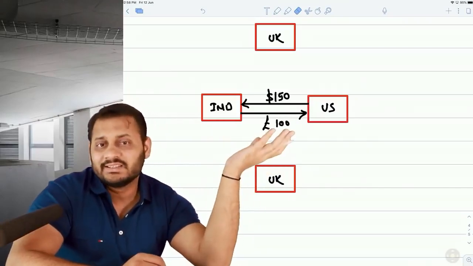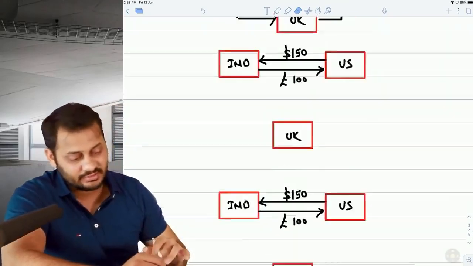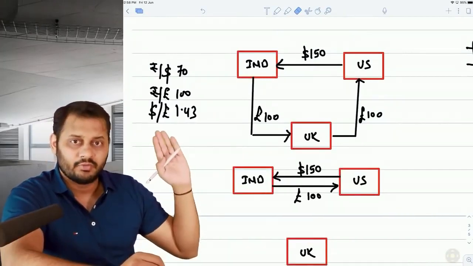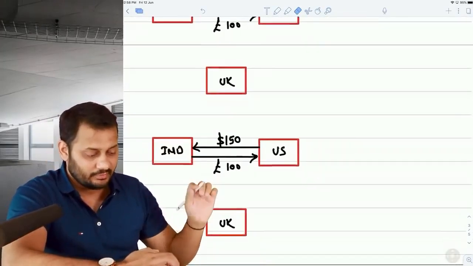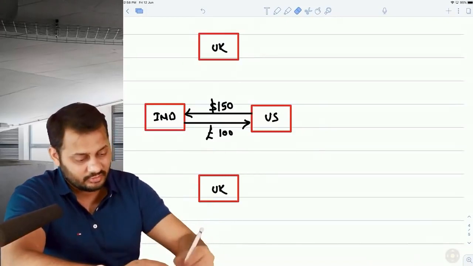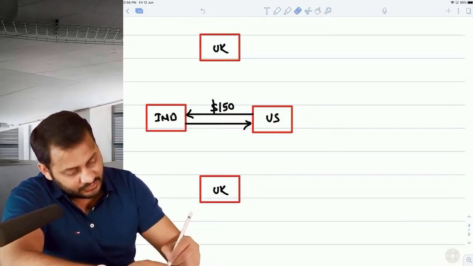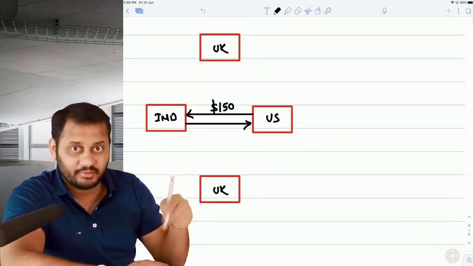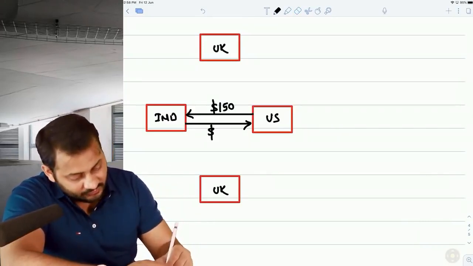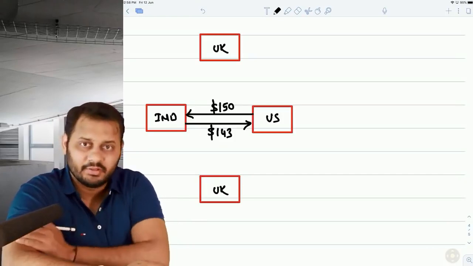So convert these 100 pounds into dollars at the given exchange rate. The dollar per pound rate is 1.43. So multiply this 100 with 1.43, that's $143 payable.